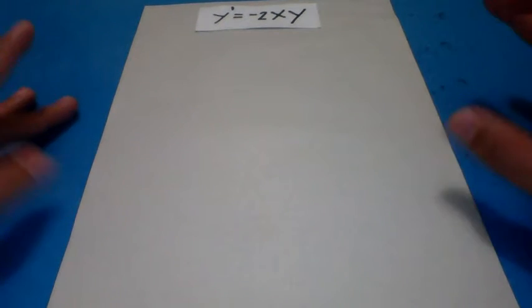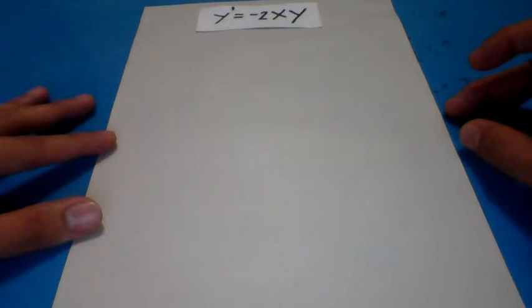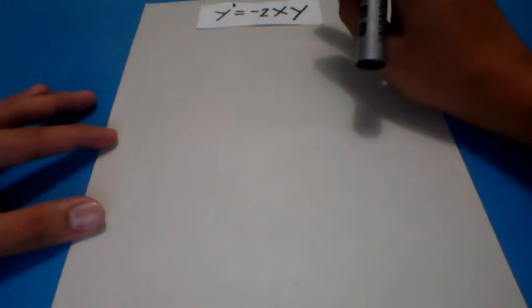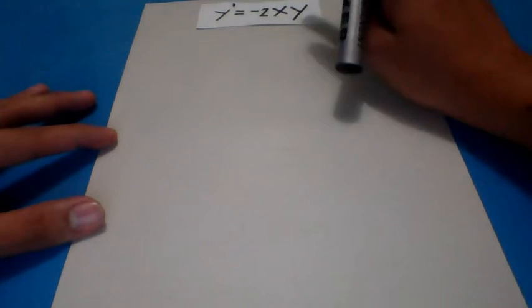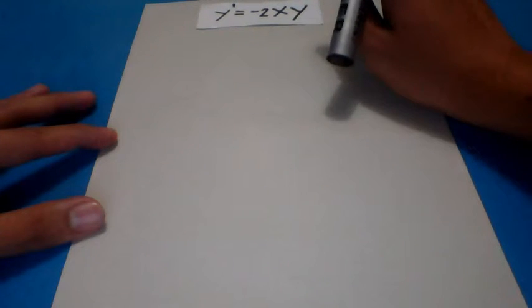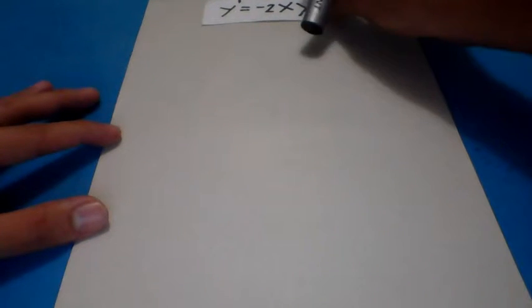Okay, my next equation is y prime is equal to negative 2xy. This equation can be solved using separable. So let's go.